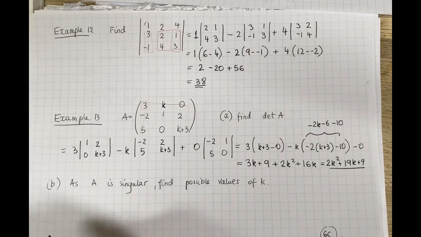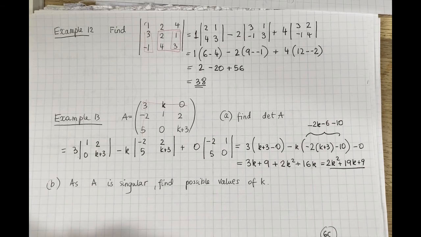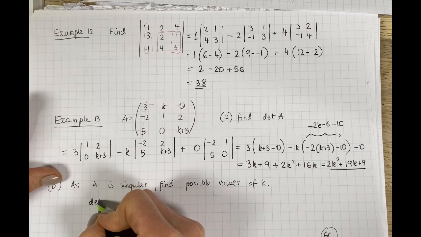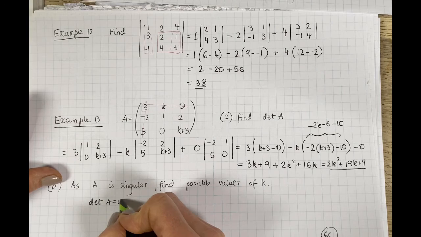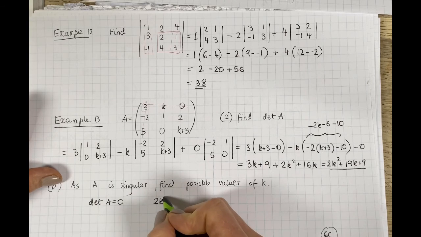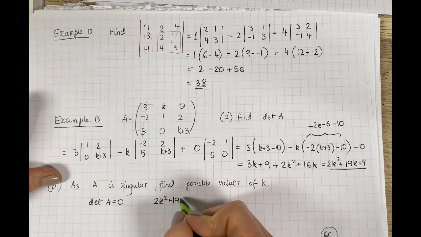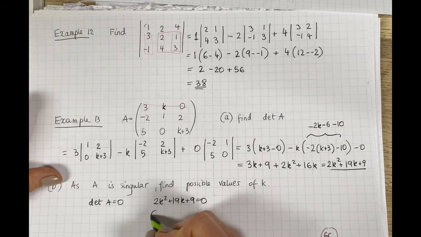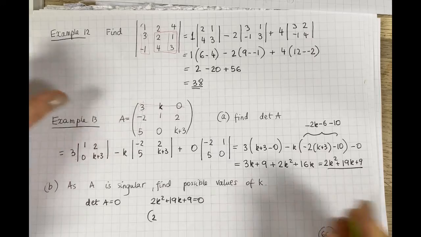Now you are told that A is singular, and therefore find the possible values of K. Now if A is singular, you're going to have to solve the determinant equal to 0. That tells me that det A is 0, which is 2K squared plus 19K plus 9 is equal to 0. So solve it whichever way you want.